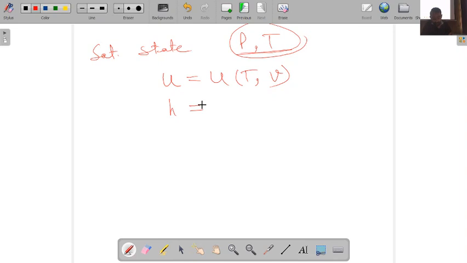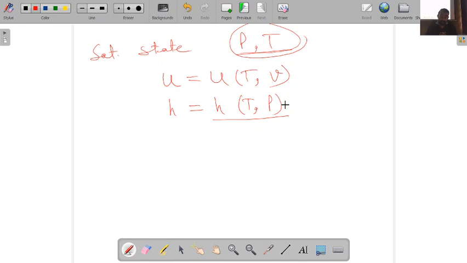So H will also be a function of, say, temperature and pressure. It is a usual practice. Right now I am only talking about the gaseous phase, not the saturated regime. That's why I can consider temperature and pressure to be the independent parameters.